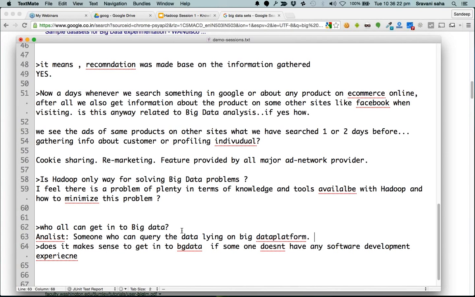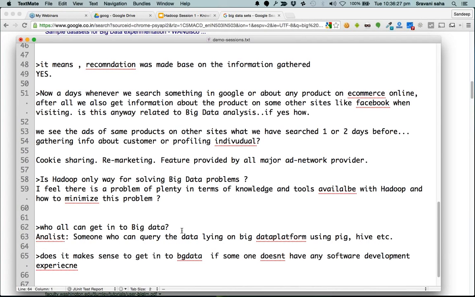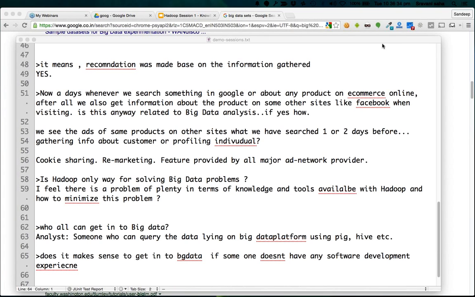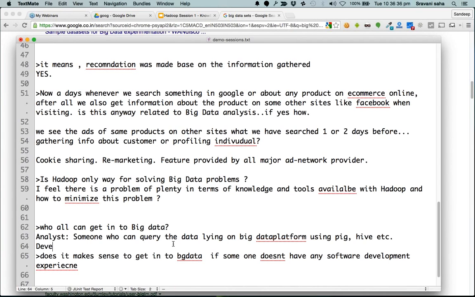using Pig, Hive, etc. That is an analyst. And next is the developer, who can build applications and can programmatically control or query the various components.